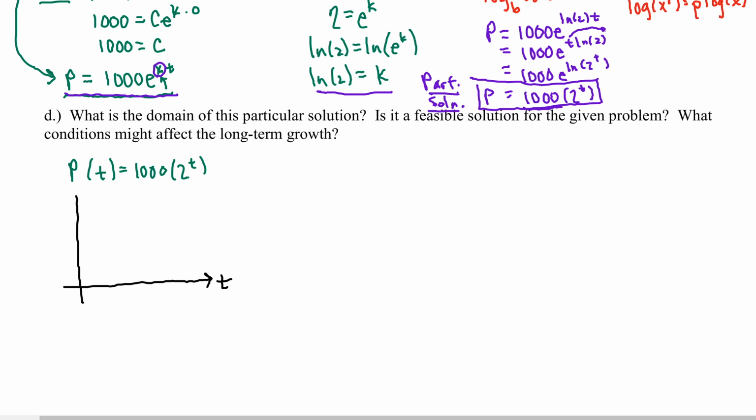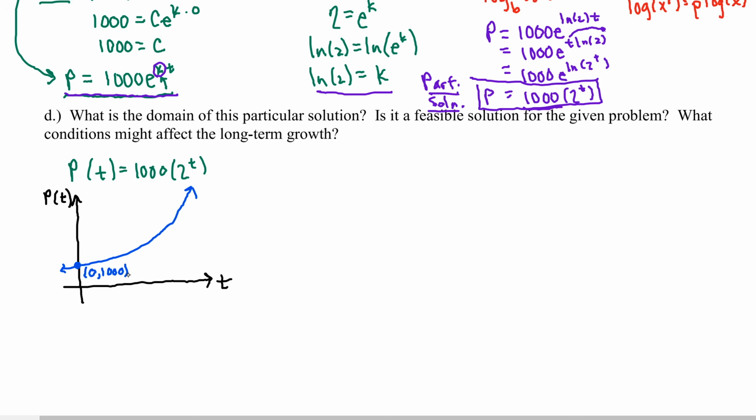Notice our independent variable is t for time in hours. Our dependent variable is P, population, which is measured in units of bacteria. We can tell that the y-intercept here, or the P-intercept, was our initial population. So at time 0, the population is 1,000.